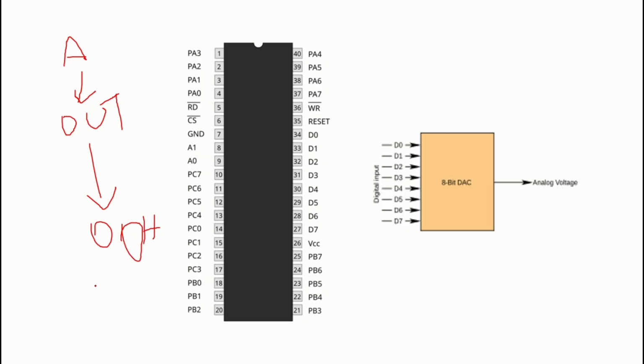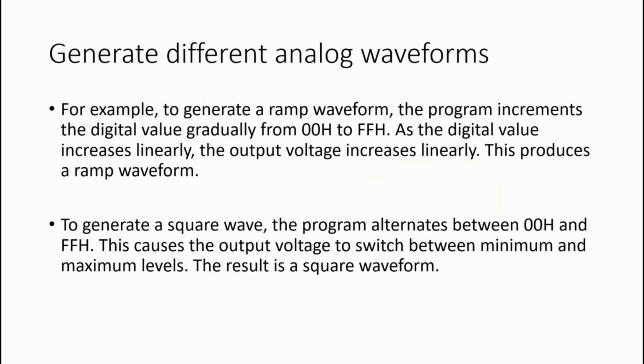After going to port A, these lines are connected directly to the input lines of the DAC, and the DAC now converts this binary number into an analog voltage, and this output voltage will be visible in the oscilloscope. And we'll now see how these different waveforms are generated.